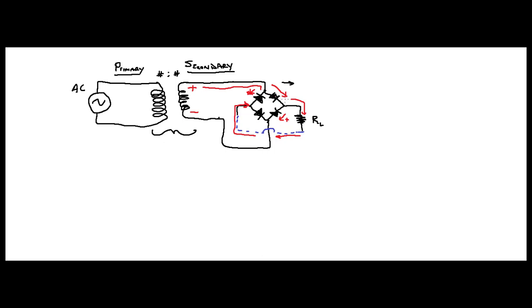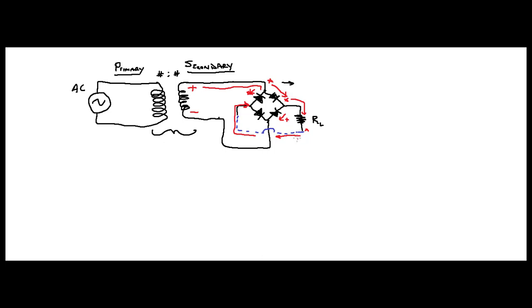So this voltage at this point right here is going to be 0.7 volts less than it started with, right? Then it's going to have a voltage drop across your load resistor. So this voltage at this point is going to be less than the voltage was here, which is less than the voltage was here. It just has to be, right?